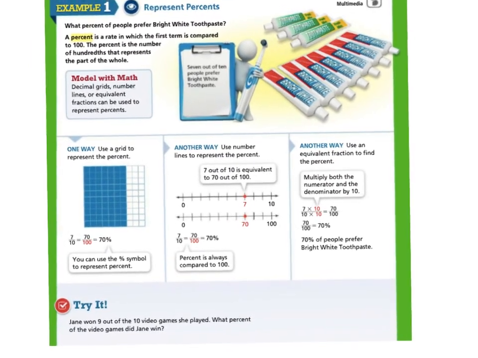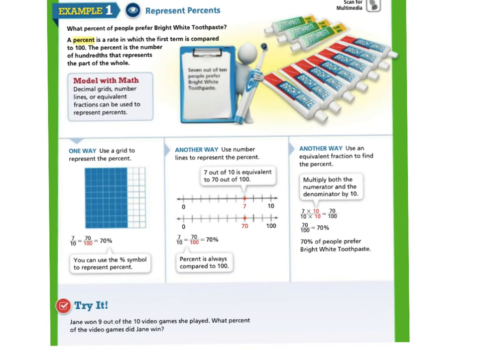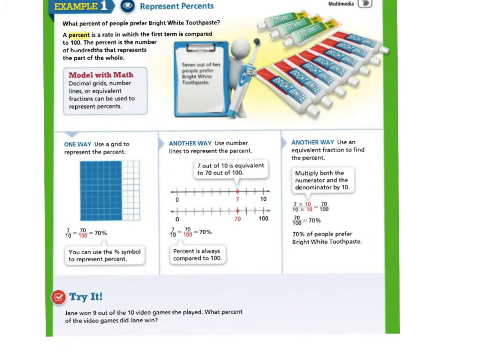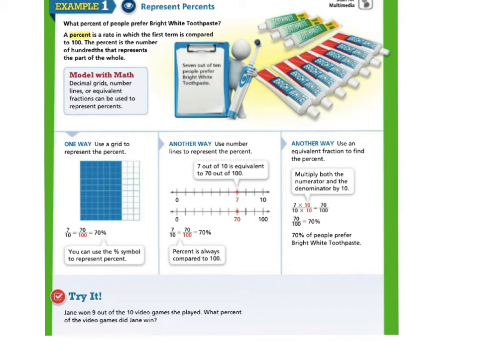The next example says, Jane won 9 out of 10 video games she played. What percent of video games did Jane win? On this one, you can do it any of the ways that we showed above. The easiest way I find is to get the bottom number to be 100.